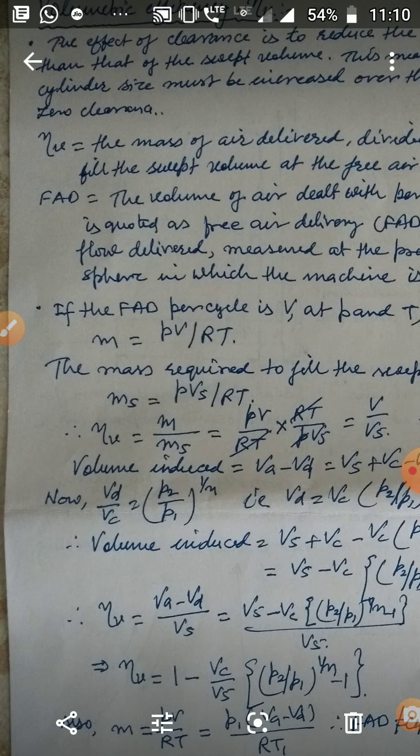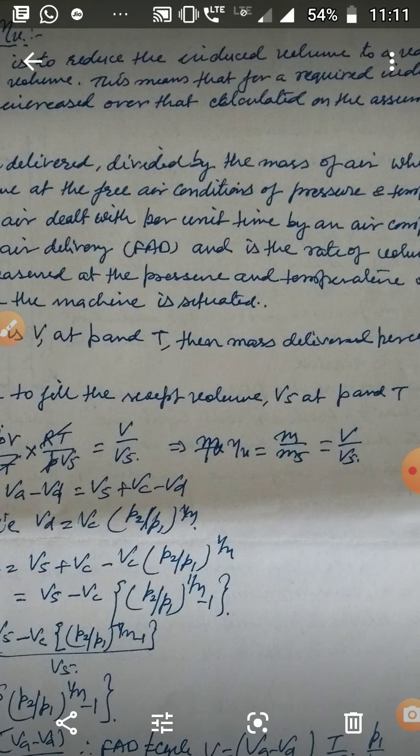So the mass taken by the fresh air in the next cycle will be reduced, and to obtain the same mass or the same volume, the cylinder size must be increased over that we have already calculated.